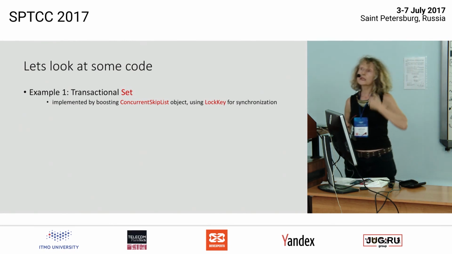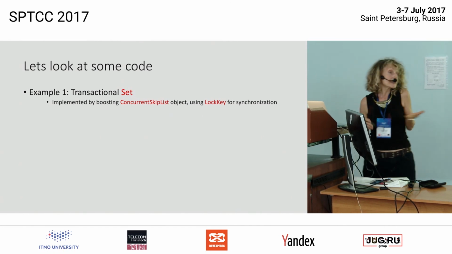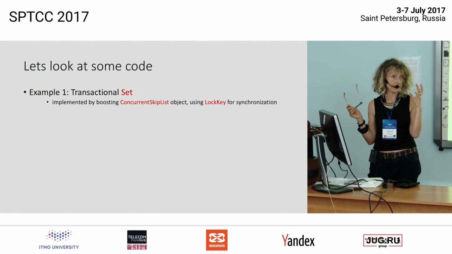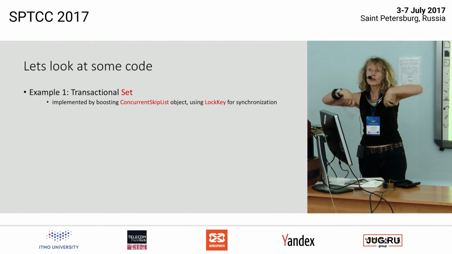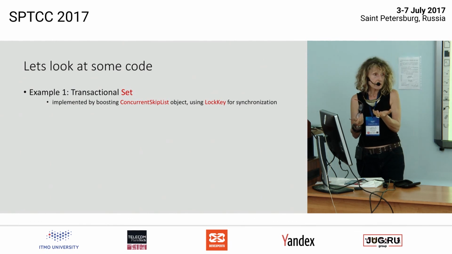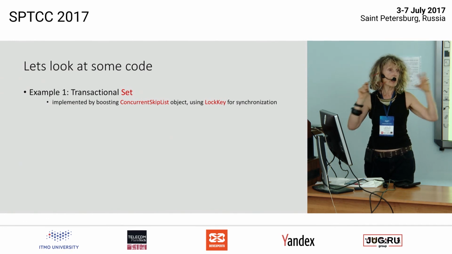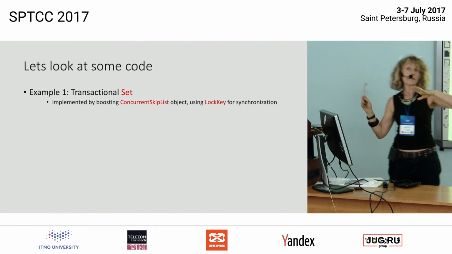But the library's concurrent set cannot be used in transactions, right? So I'm going to use this boosting technique that I vaguely described to you to transform my concurrent list from the Java library into a transactional list. So my transaction, for example, can have two lists.